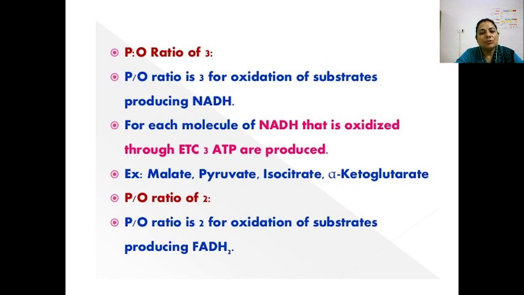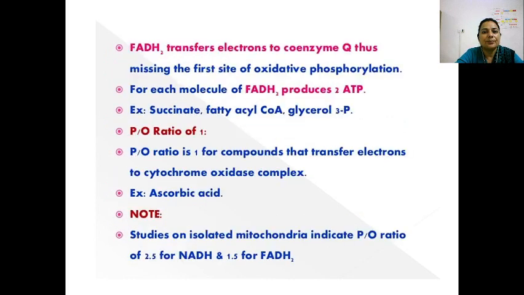P/O ratio of 2 is for oxidation of substrates producing FADH2. FADH2 transfers electrons to coenzyme Q, thus missing the first site of oxidative phosphorylation. For each molecule of FADH2, 2 ATPs are produced. Examples are succinate, fatty acyl CoA and glycerol 3-phosphate.